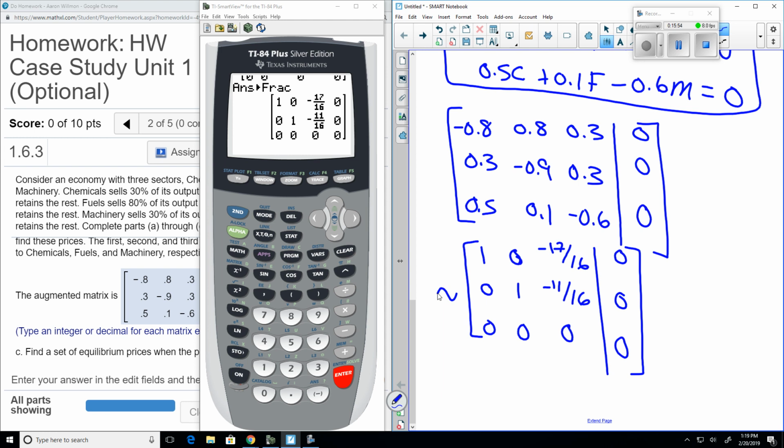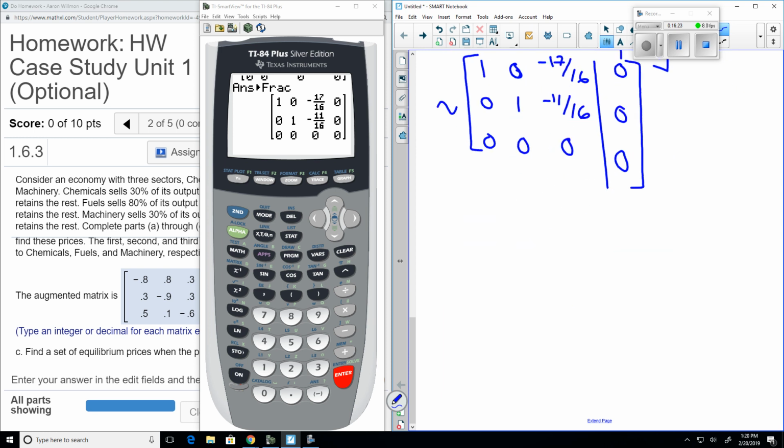Do we have to do that part by hand? No, you don't. I'm just saying that I use the calculator. Just because there's decimals in it doesn't mean that it's hard necessarily. And just because there's fractions in it doesn't necessarily mean it's hard. It just depends.